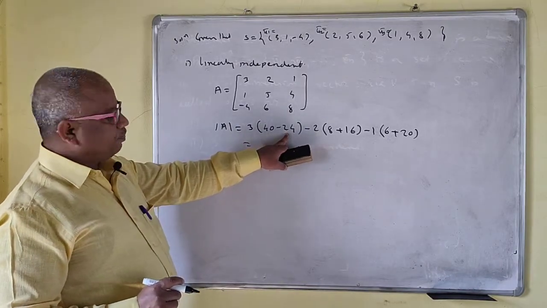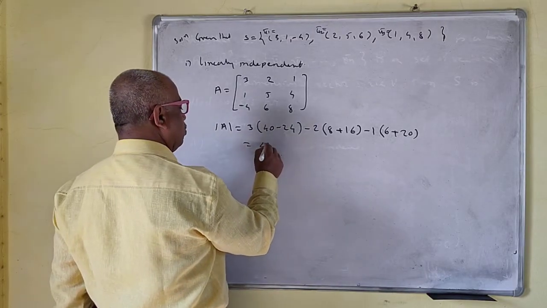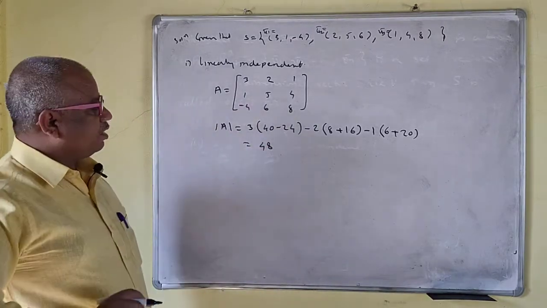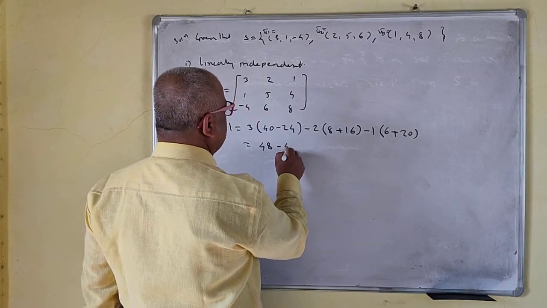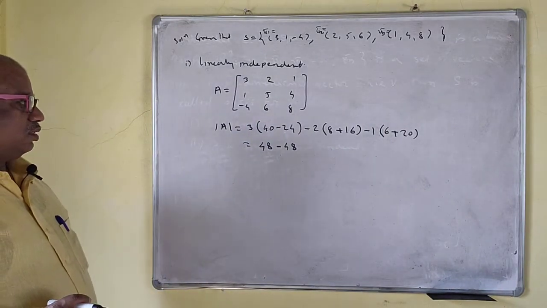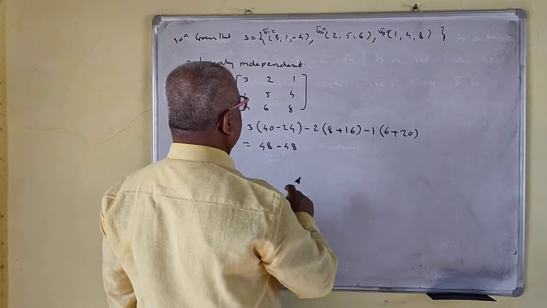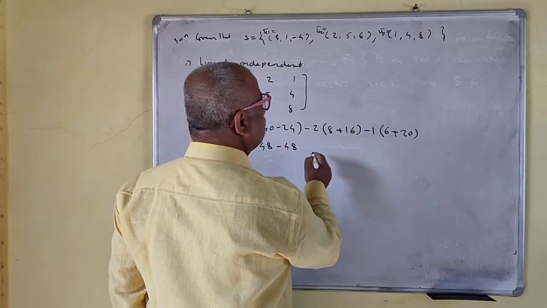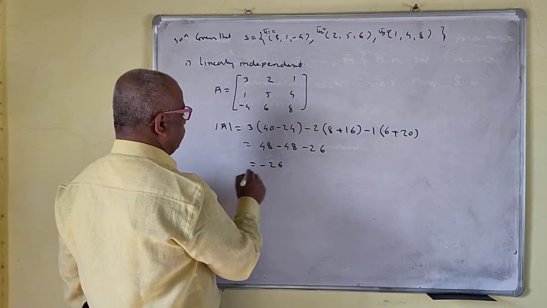So this is 20, this is 16, now 40 minus 16. So this is 48, so this is 24, so minus 48. And this is minus 26.